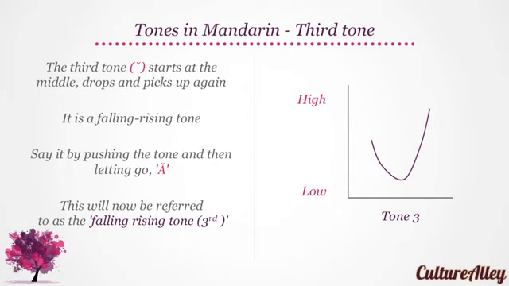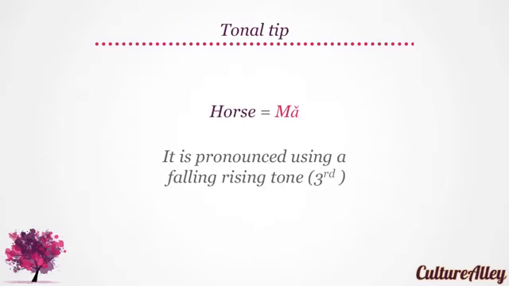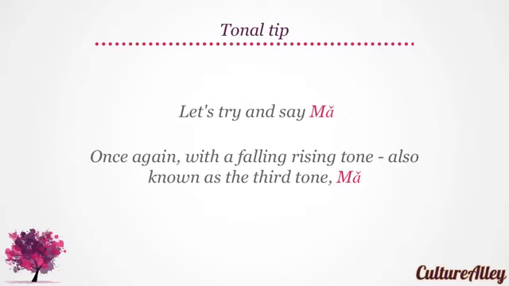Great! This tone will now be referred to as the falling rising tone, or the third tone. Note that in Mandarin, horse translates to ma, and it is pronounced using a falling rising tone, or the third tone. Can you try and say ma?